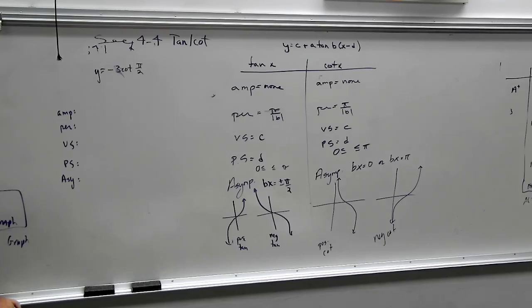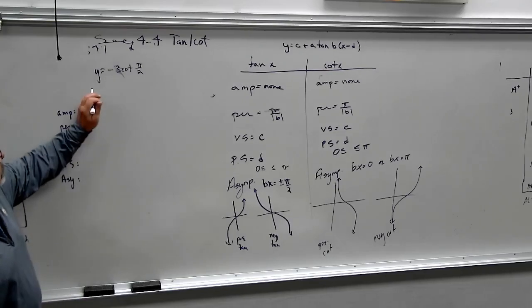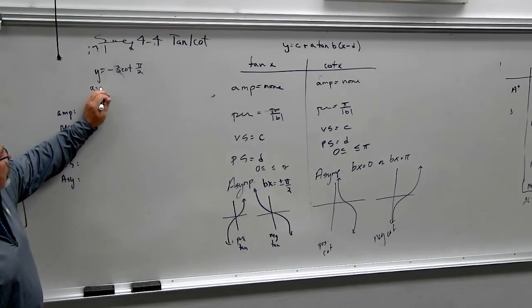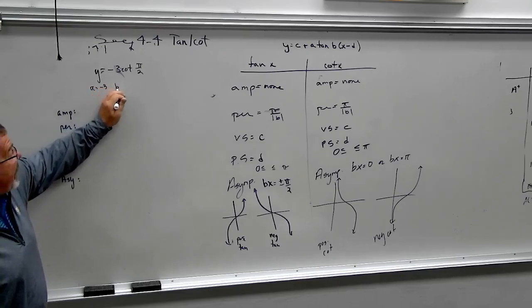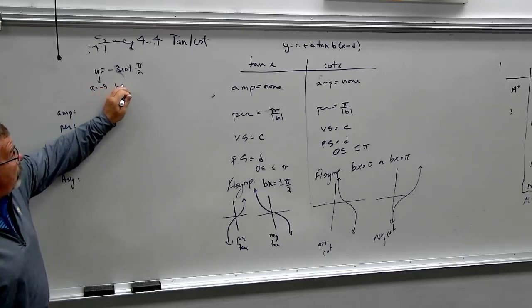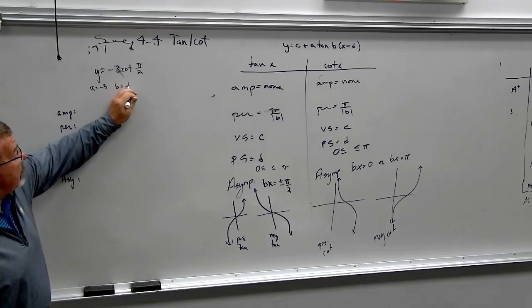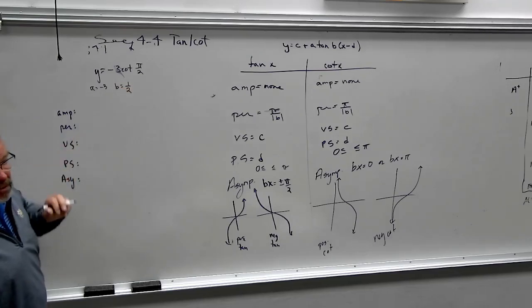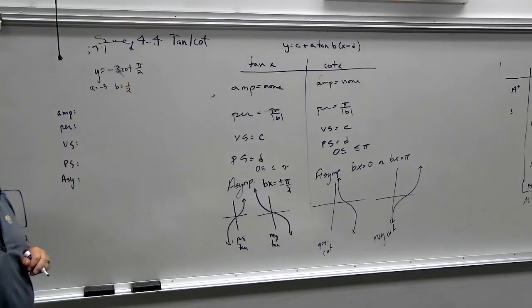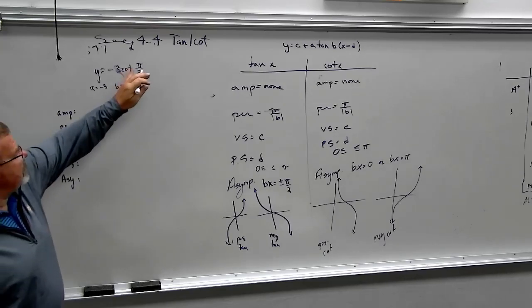Okay, let's graph this thing. So, what's our a value? Negative 3. What's our b value? 1/2. Oh, I'm sorry.